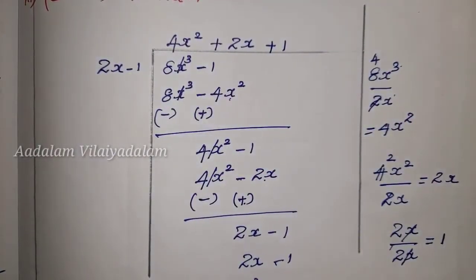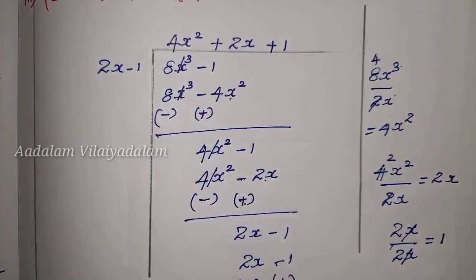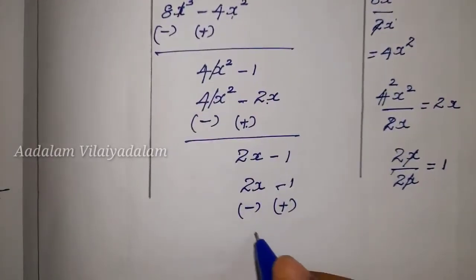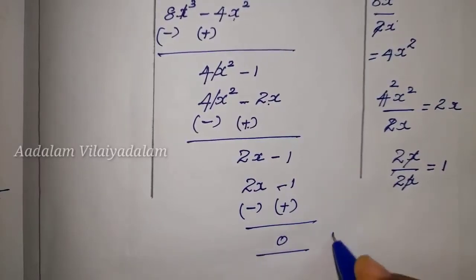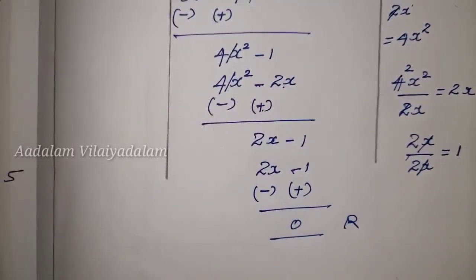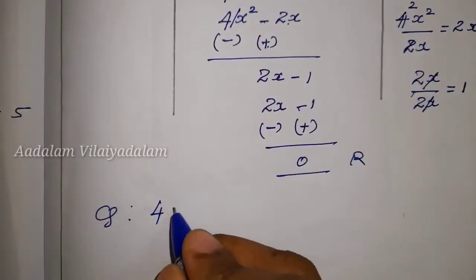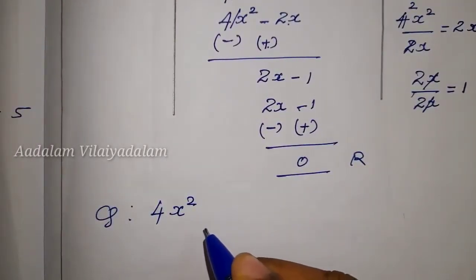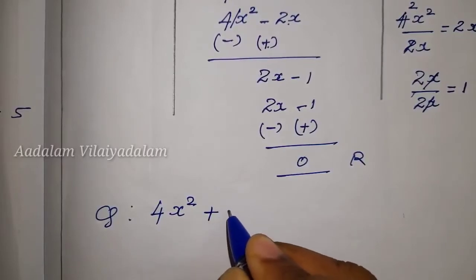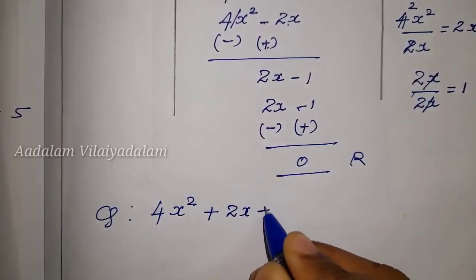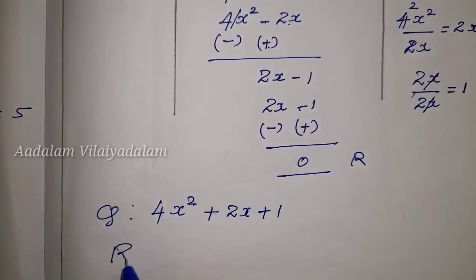So this is sign minus, here plus. So the remainder value is 0. So the quotient value is 4x square plus 2x plus 1. The remainder value is 0.